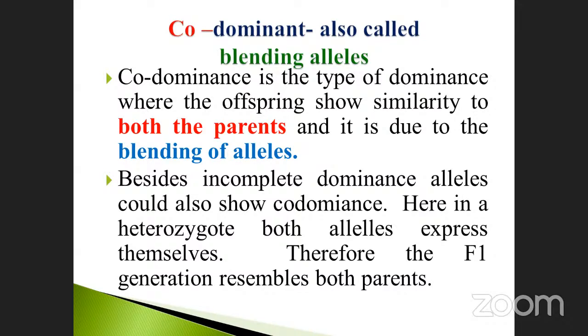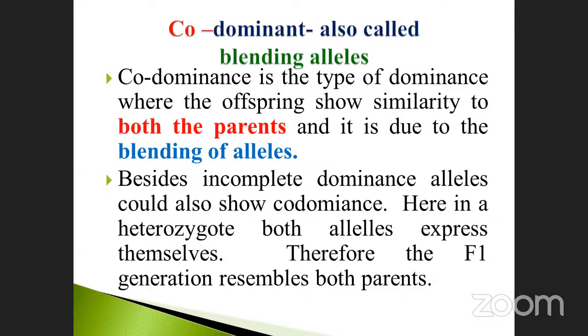Dhanalakshmi, Dhanusri and the others, also answer please. Both the parental characters express in the offspring, the F1 generation, and it is due to the blending of alleles. That's why it is called blending alleles. Codominance is also called blending alleles because both the parental characters are expressed.